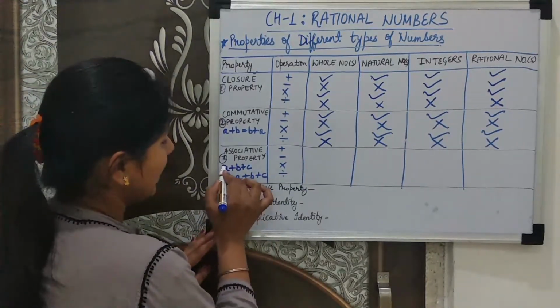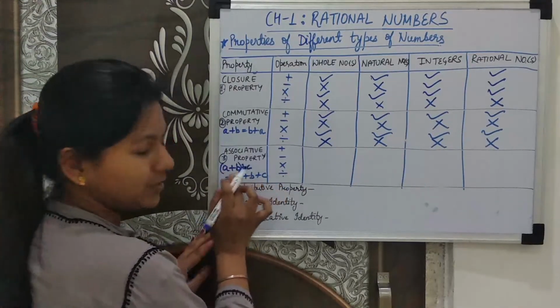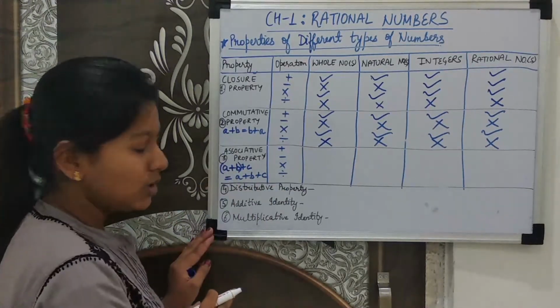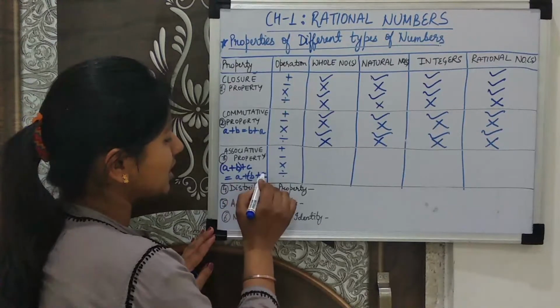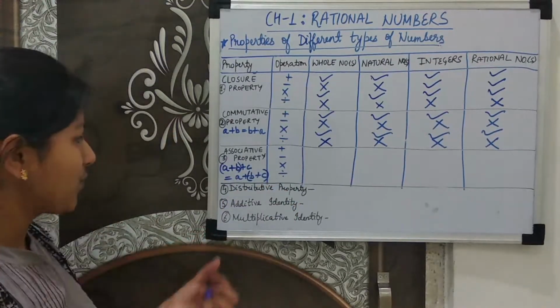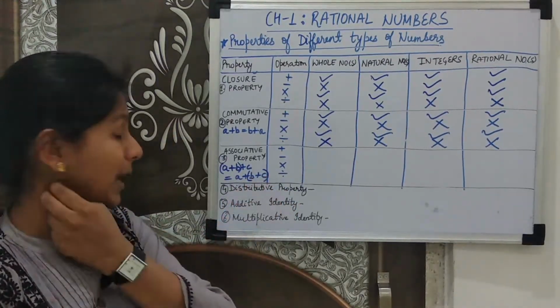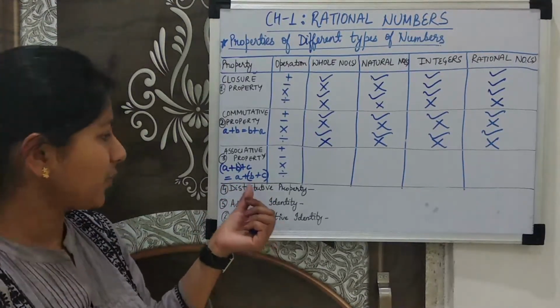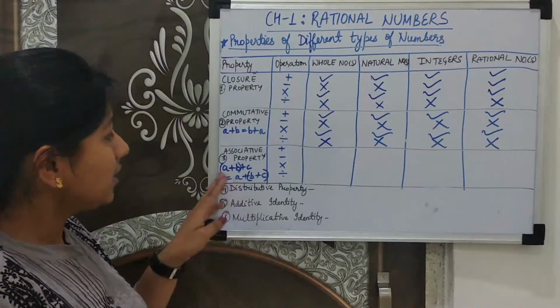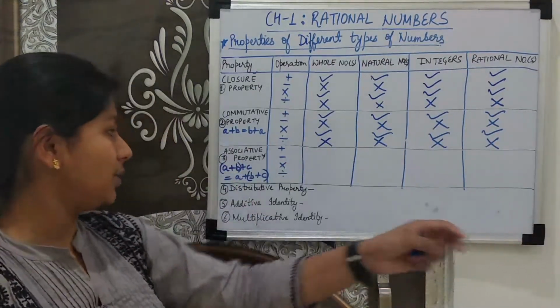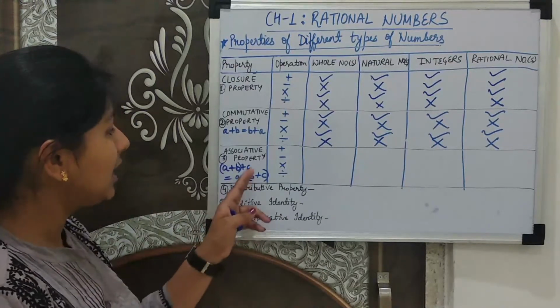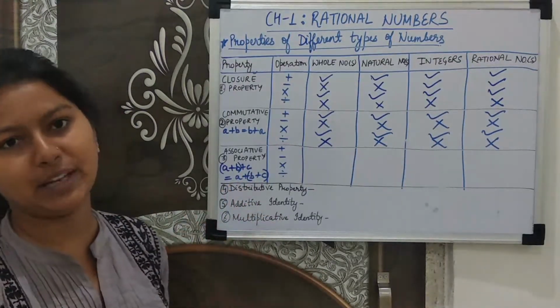The difference is, first we will add a and b in the first case, and then the result will be added to c. But in the second case, first I will add b plus c. First we used to solve the bracket. So first we will add b and c, then the result will be added to a. So again, all the four types of numbers are associative under addition and multiplication only.